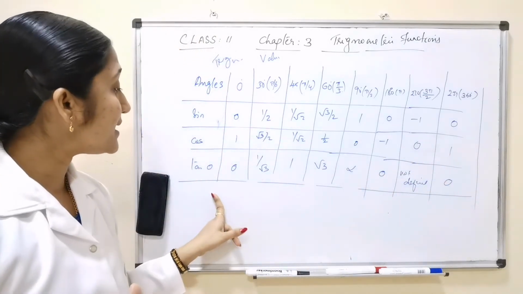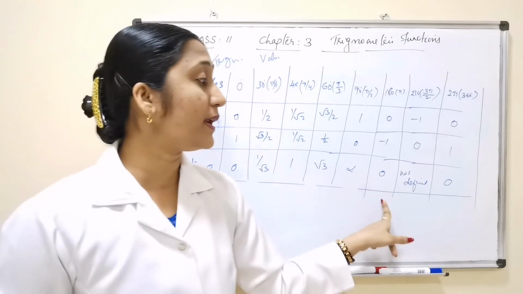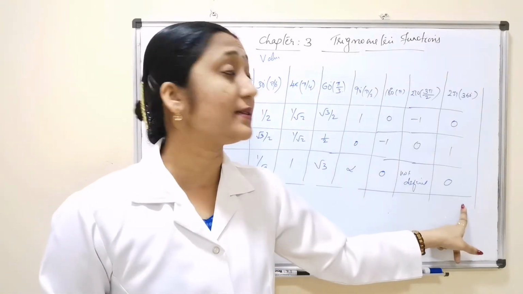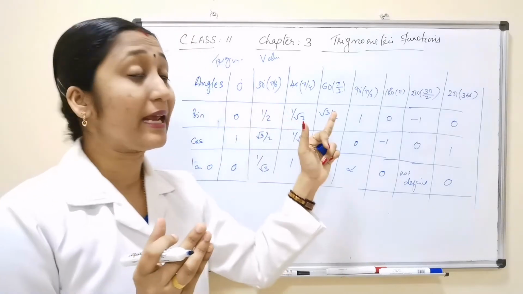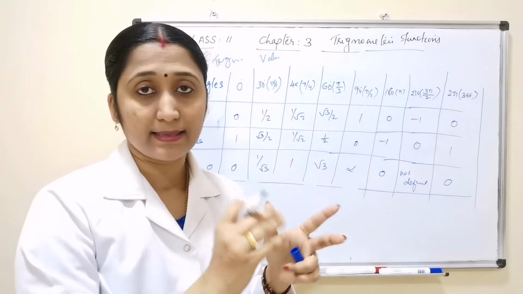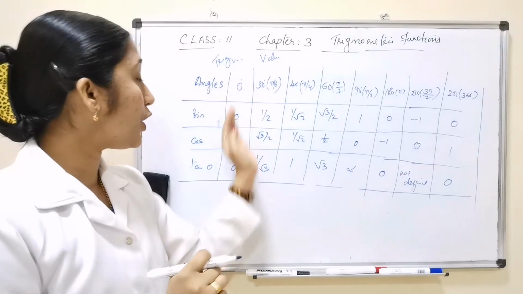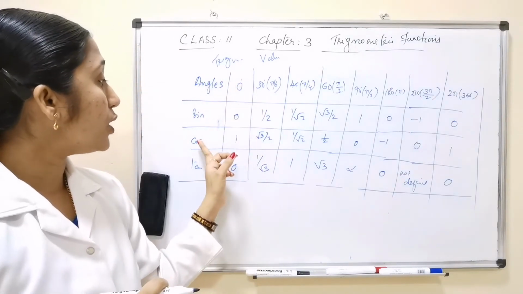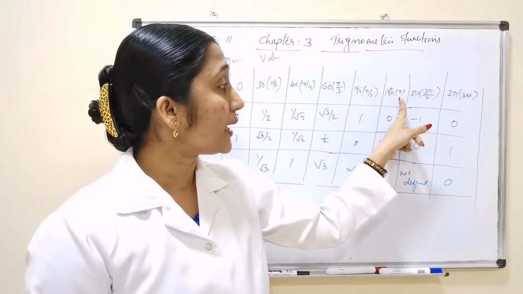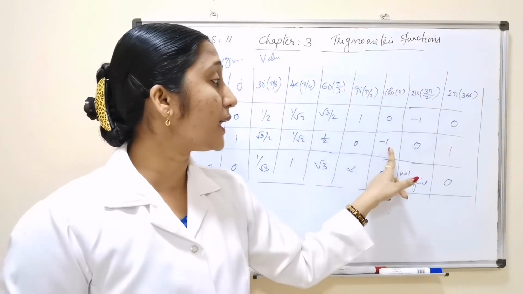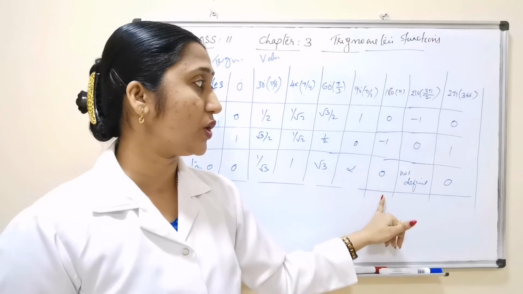Next, tan 0 is 0, tan 180 is 0, and tan 360 is also 0. So we have to memorize using this table through comparison. So at 0: sin 0 is 0, cos 0 is 1, tan 0 is 0. And here sin 180 is 0, cos 180 is minus 1, and tan 180 is 0.